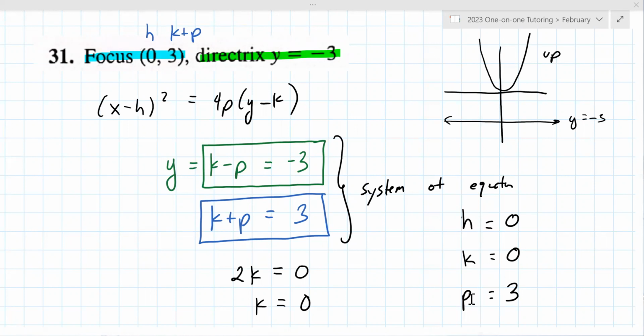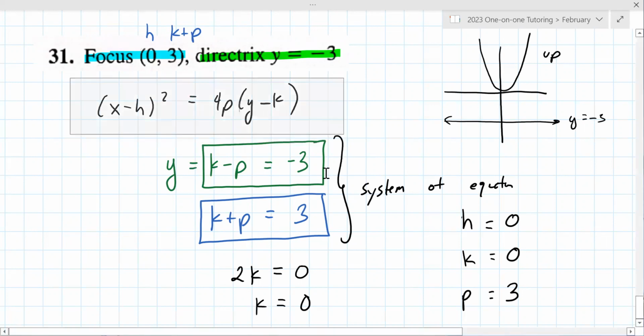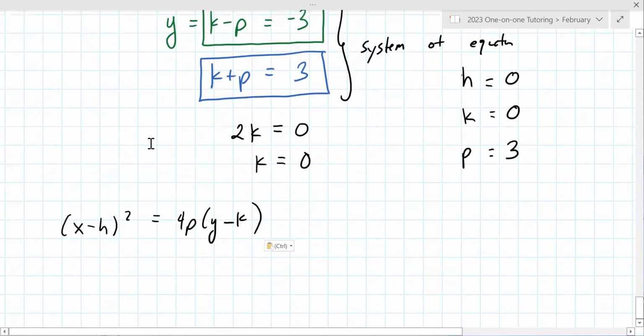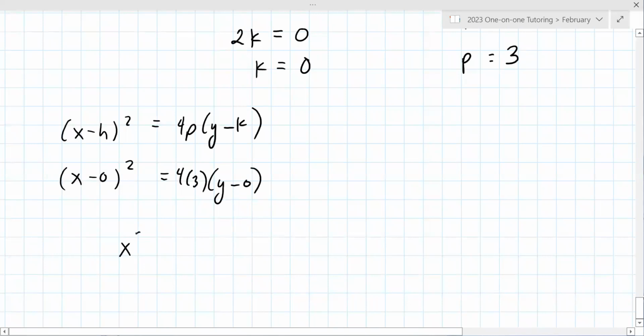So now that we have h, k, and p, we feed those back into the standard form. But again, you have to know that it opens up to know it's this equation in this standard form. So it's x minus 0 squared equals 4 times 3, y minus 0. And so you simplify: x squared equals 12y.